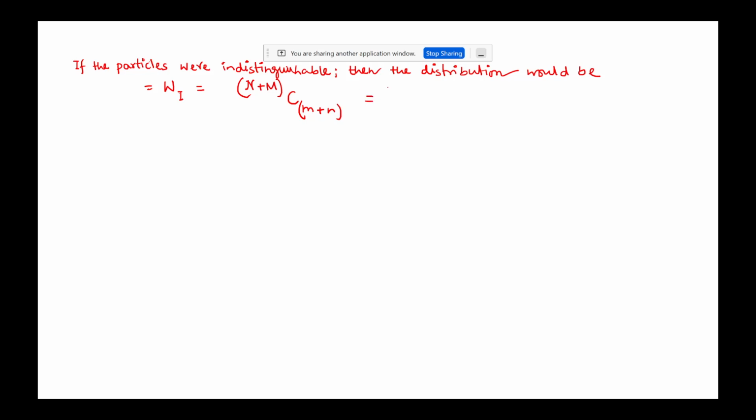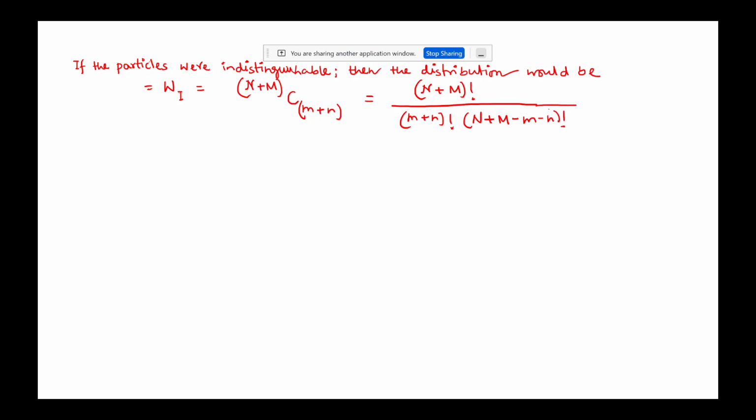That gives N plus M factorial divided by m plus n factorial times N plus M minus m minus n factorial.